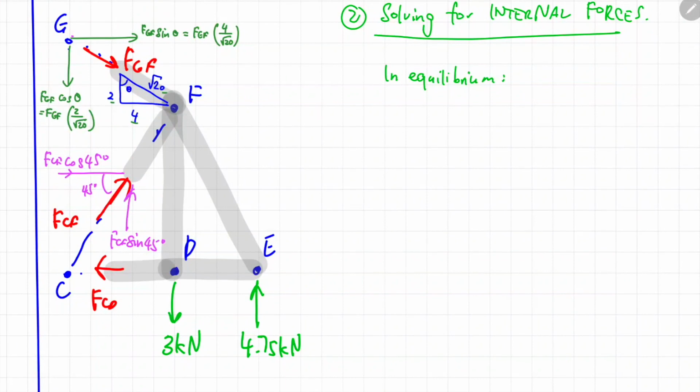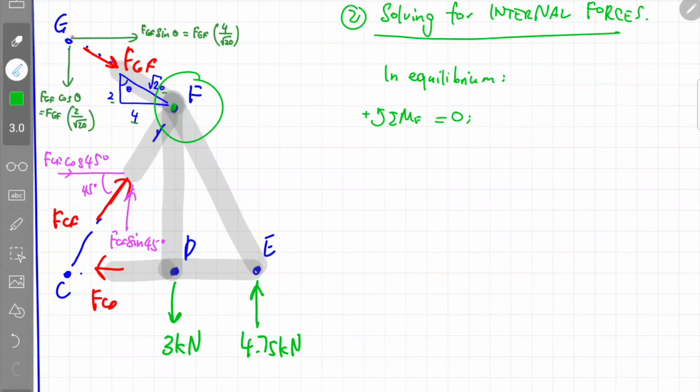For the first part, I'm going to apply the equilibrium condition for moment at point F. Why point F? Because there are many inclined forces that pass through point F. If I apply moment at point F, I can cancel out those forces, and I can focus on only the linear XY forces.